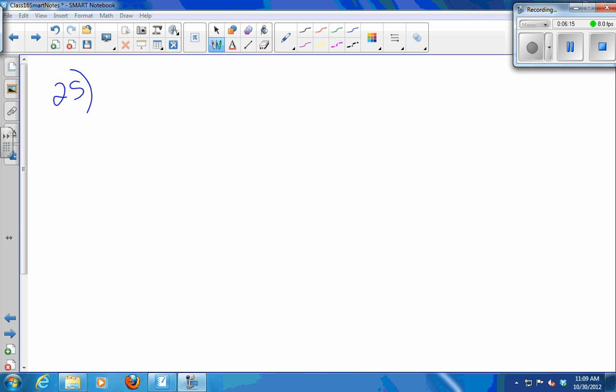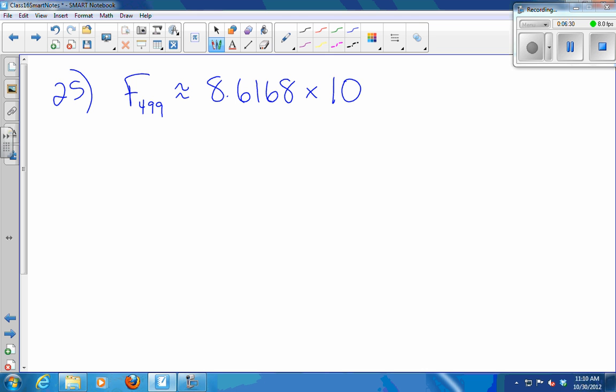It says that gives us an approximate value for the 499th Fibonacci number, which is huge, right? It's 8.6168 times 10 to the 103. Yep.